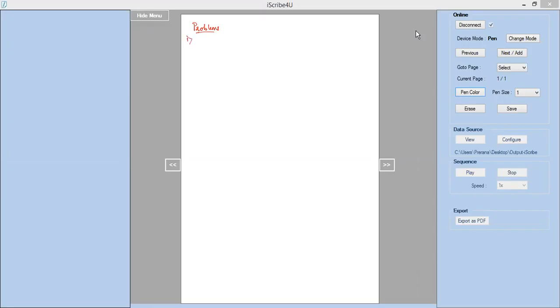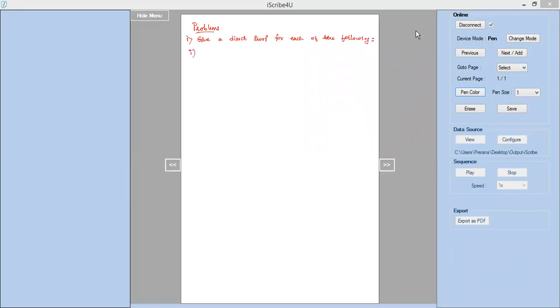So first question, give a direct proof for each of the following.